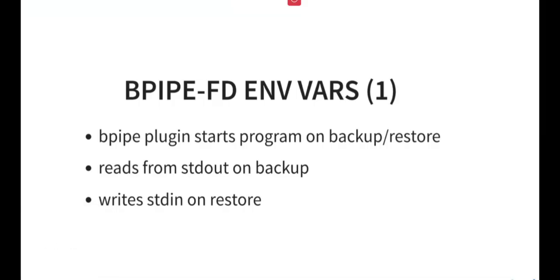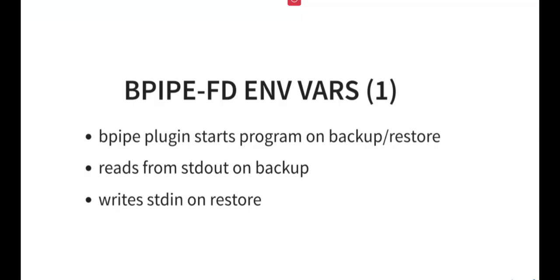Okay. Yeah, then a quick overview of what we did with the bpipe plugin. Just what is the bpipe plugin? It is a very flexible plugin to quickly prototype or create backups of whatever tool you have that creates data out of standard out and is able to consume the same data back in standard in.